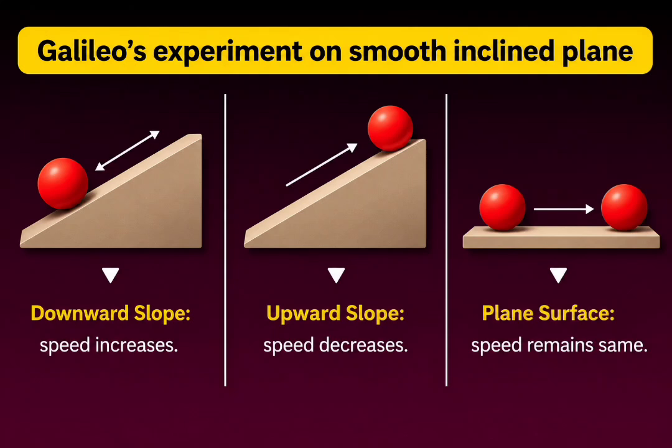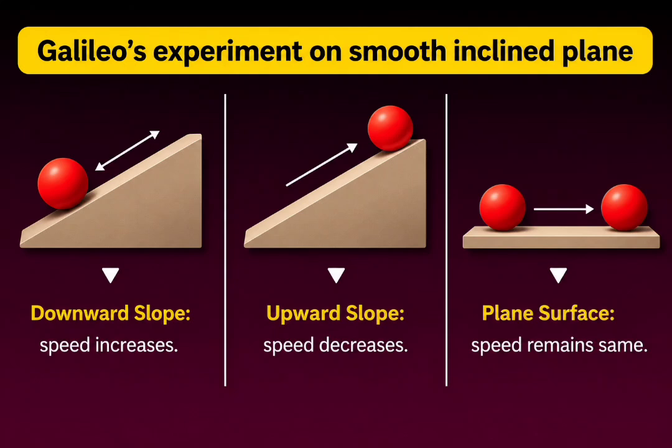Next, he made the second slope less steep. The ball still tried to reach the same height, but now it had to travel a longer distance. Finally, Galileo imagined that if the second slope became completely horizontal and there was no friction, the ball would never stop. It would keep moving with the same speed forever.